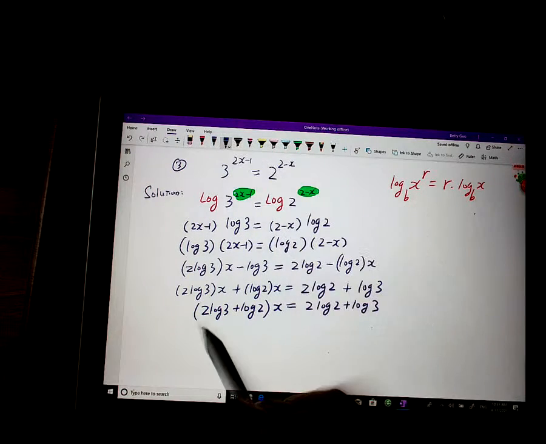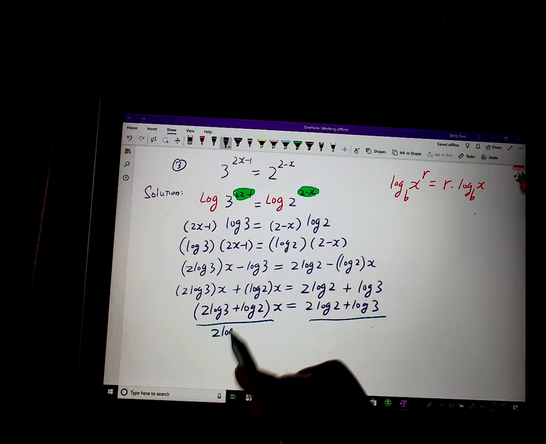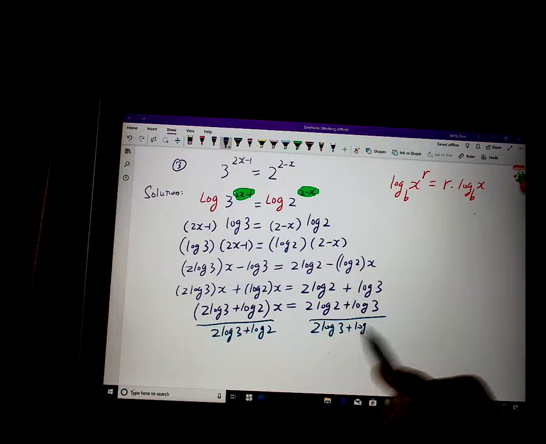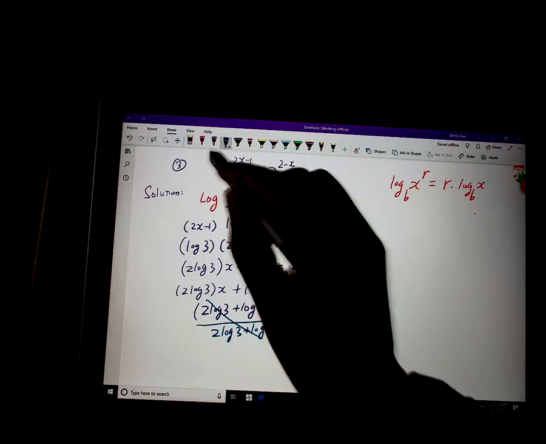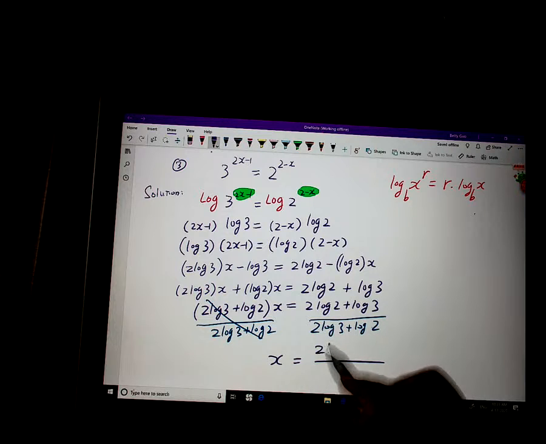Divide both sides by the coefficient of x, which is 2 log 3 plus log 2. They cancel out. x is isolated. Coefficient of x becomes 1. x equals, on the right, 2 log 2 plus log 3, all over 2 log 3 plus log 2.